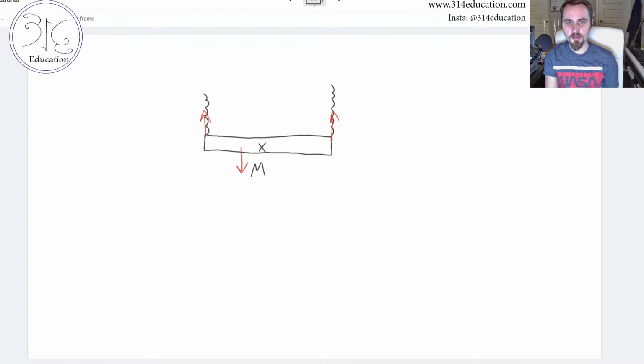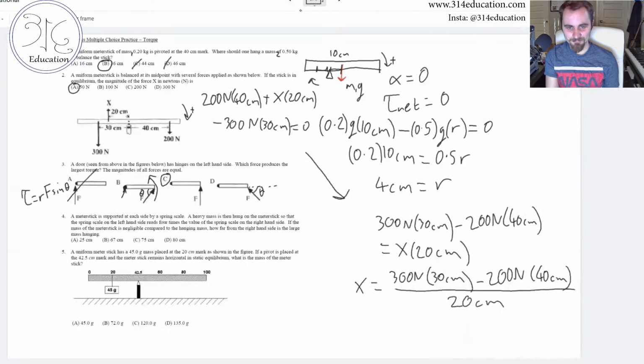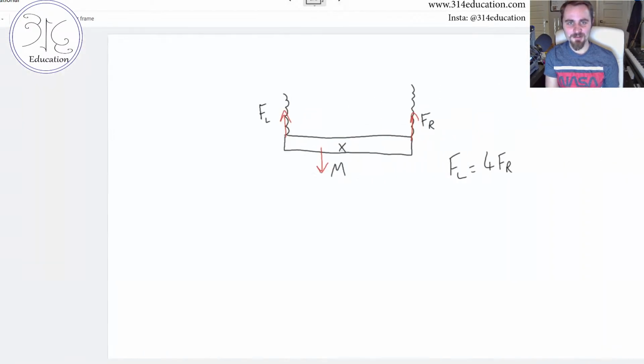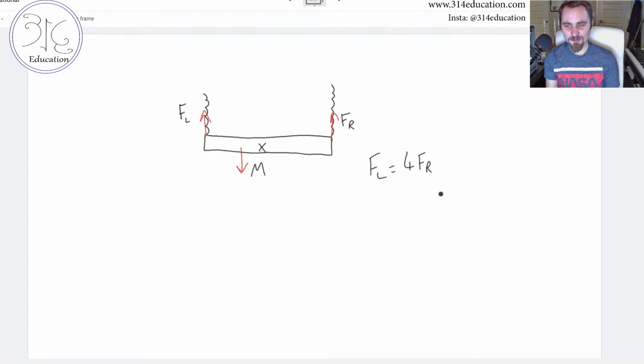I guess we'll call this the force of the left spring, FL, and this the force of the right spring, FR. We want the condition that FL is equal to 4FR. Okay, yep. Just wanted to make sure I didn't get that the wrong way around. I would feel really silly otherwise.